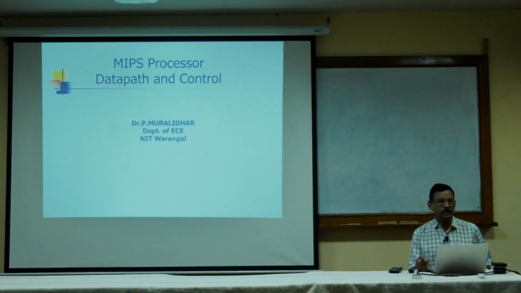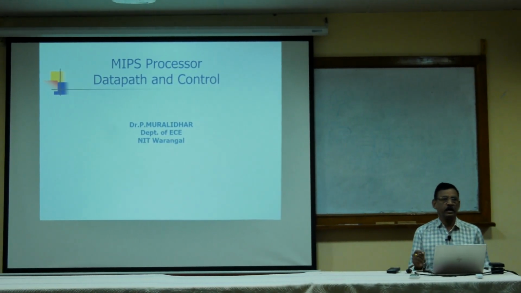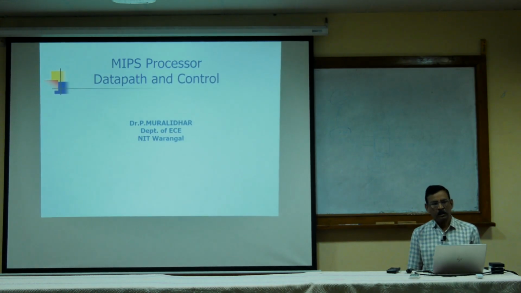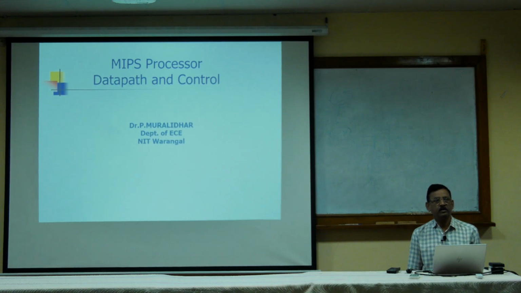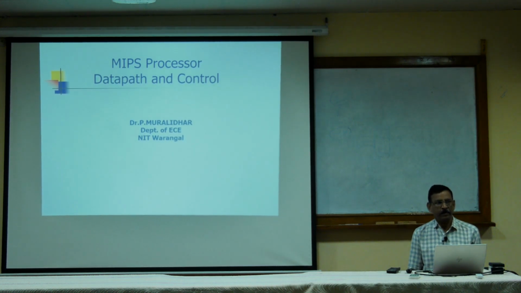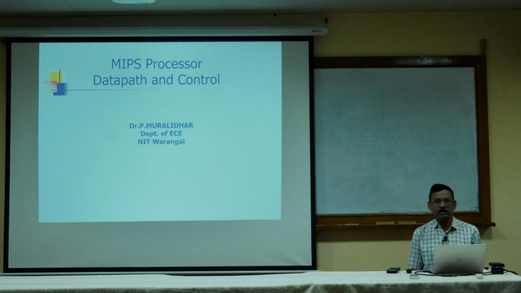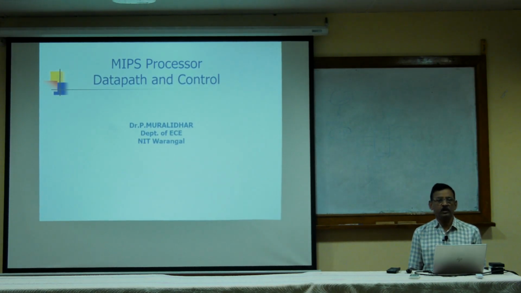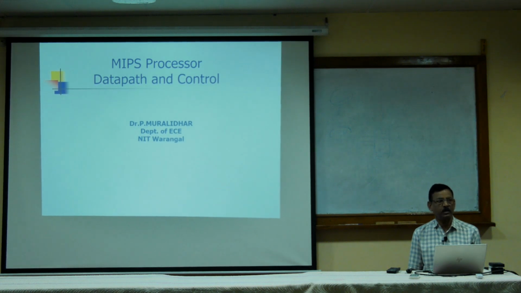Data path components in a digital system are mainly multiplexers, adders, encoders, decoders, and even sequential ones like registers and counters. They all come under the data path, including the ALU. The controller we are going to design using FSMs, finite state machines, and algorithmic state machines. These are the sequential state machine tools we can use to develop the controller.